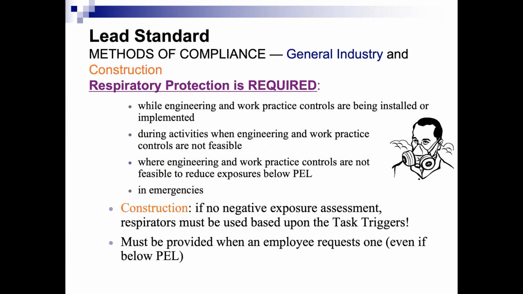So sometimes you have to use a little ingenuity. Also if your sampling is showing that your engineering and work practice controls are not feasible to reduce exposures below the PEL. And again, OSHA would definitely challenge an employer if they say, yeah, we've tried everything and it doesn't work. They're going to want to see how effectively you've tried everything.